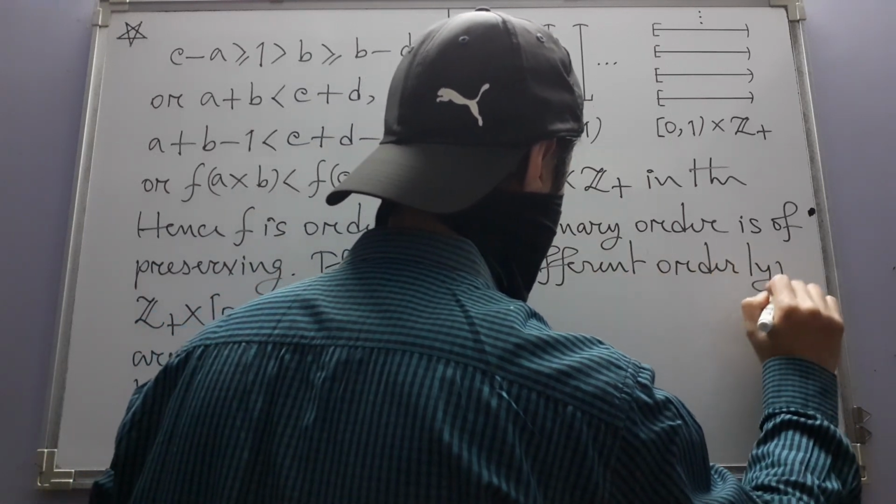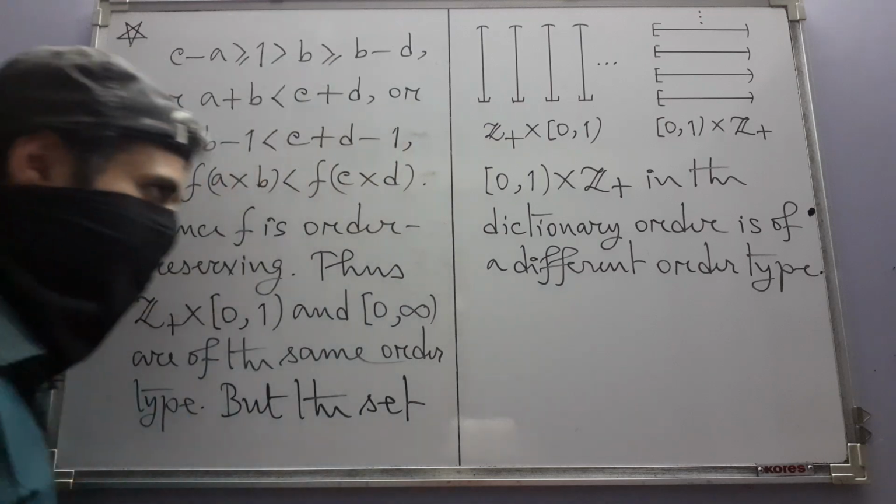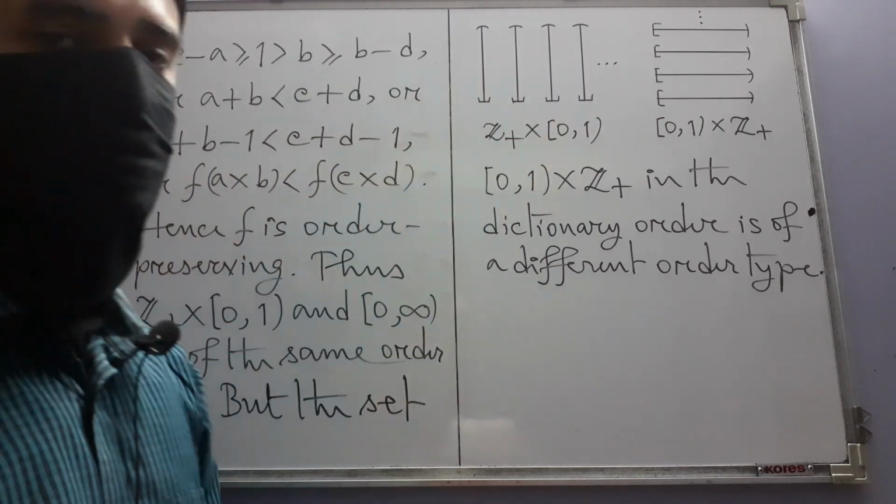Why? The question is why. Why are they different as ordered sets?